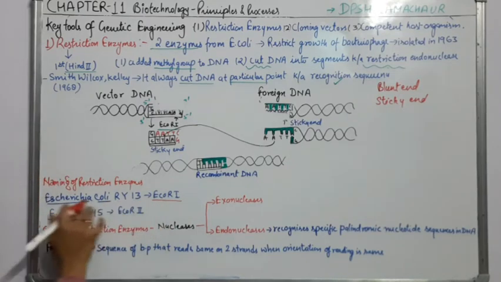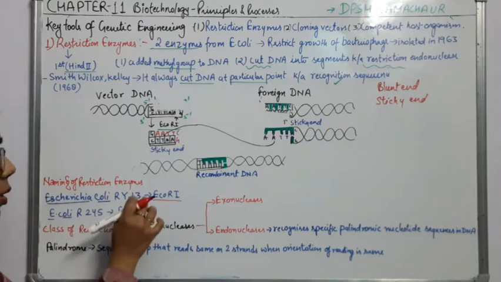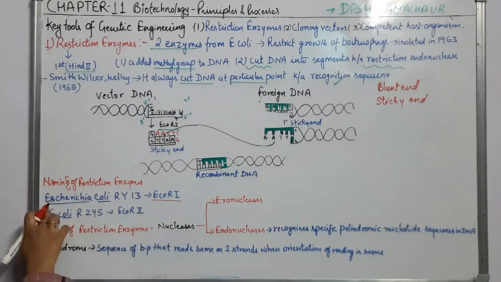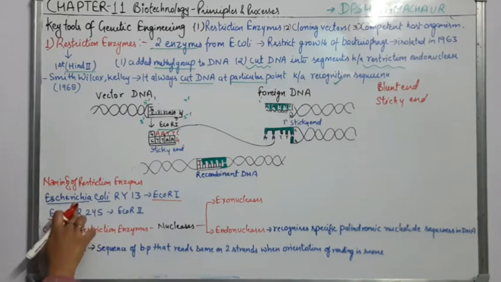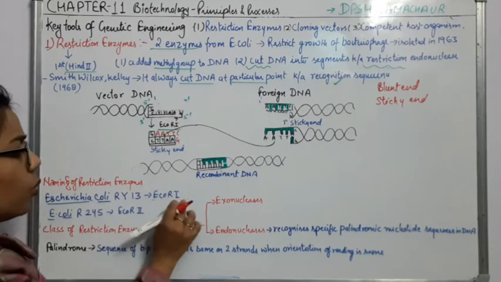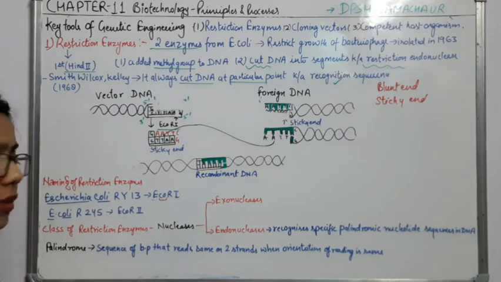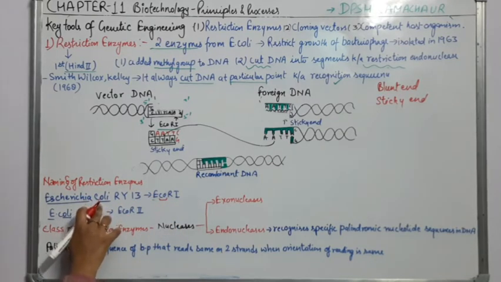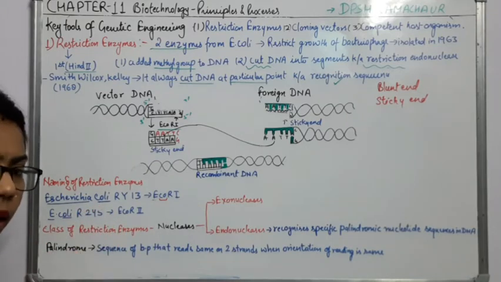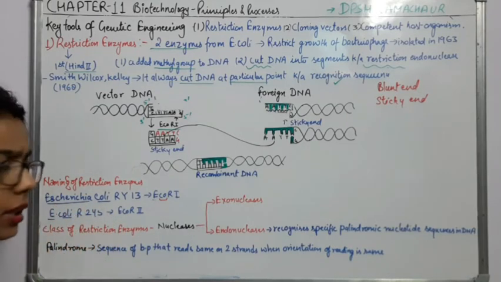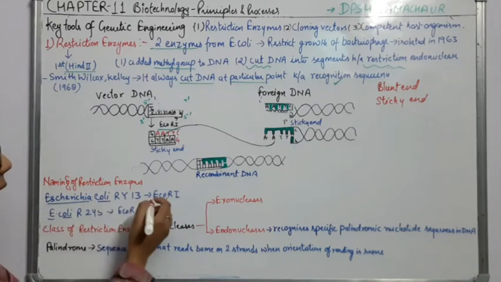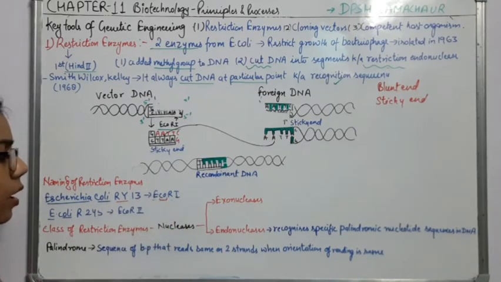So how do we give the name? The first letter of the restriction enzyme is from the genus name, that is Escherichia. The next two letters present in this restriction endonuclease come from the species. First letter from the genus, then two letters from the species, and then the strain, right?